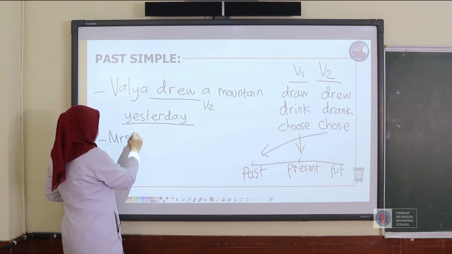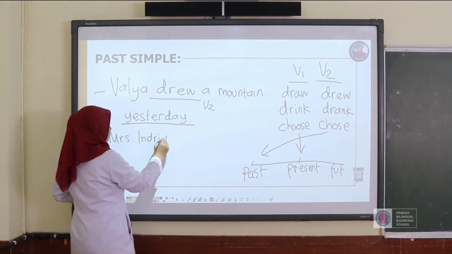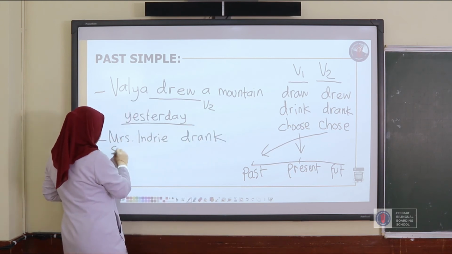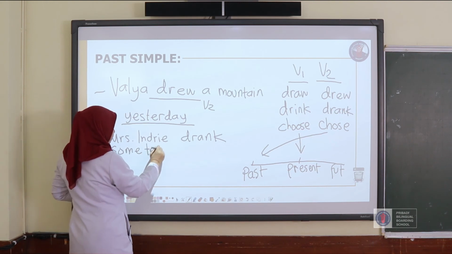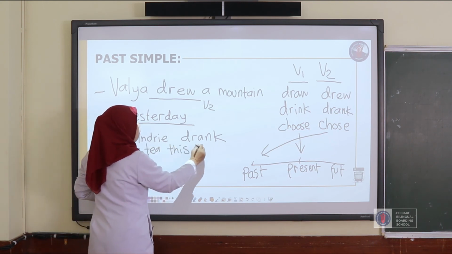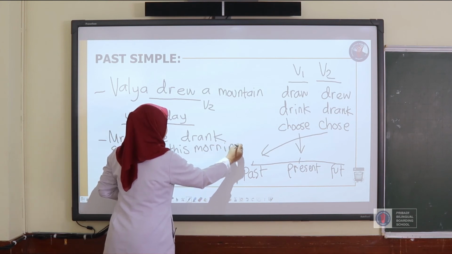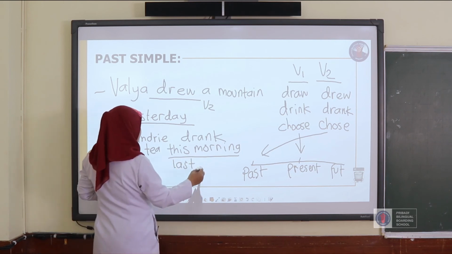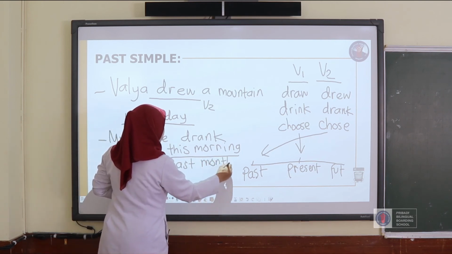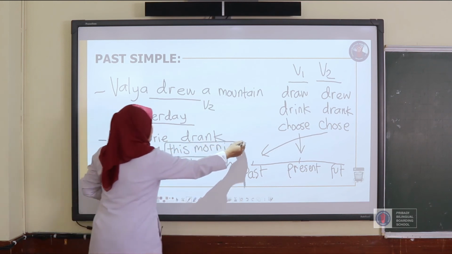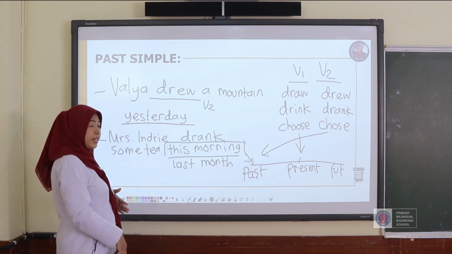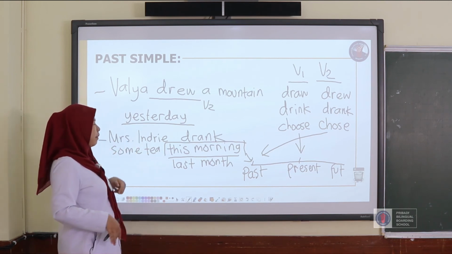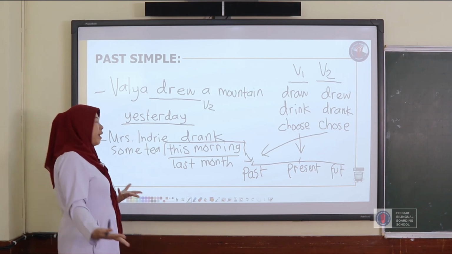Mrs. Indrie drank some tea this morning, or last month can be. This morning is also stating about the past because it's already done in the past. So Mrs. Indrie drank some tea last month, this morning, last year maybe.